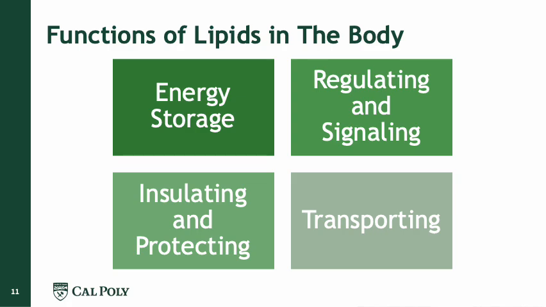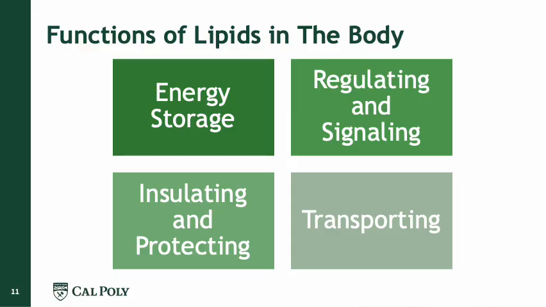But when we have excess energy, we store it in the form of fat in our body. And when we have a need for energy, we can use our storage, and that's why we have fat in our body.